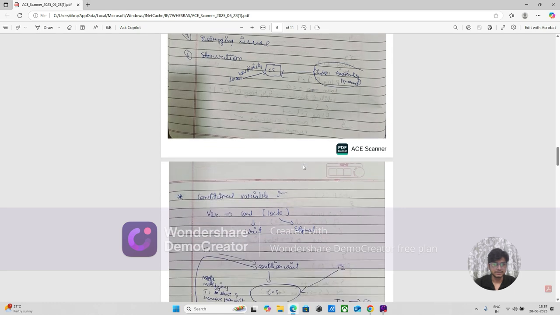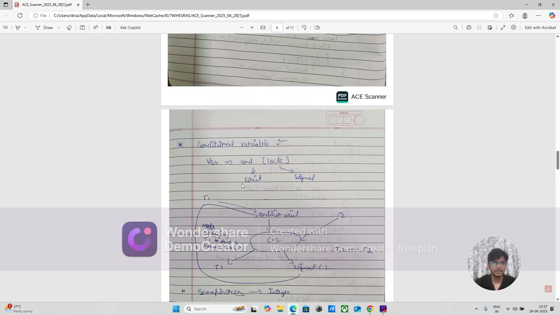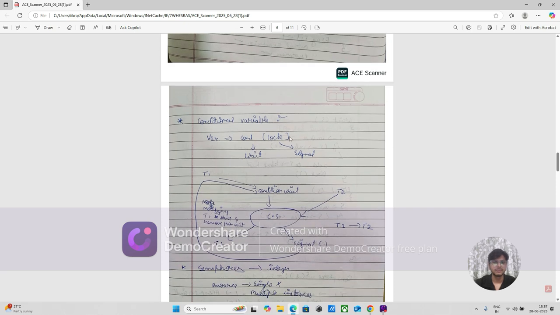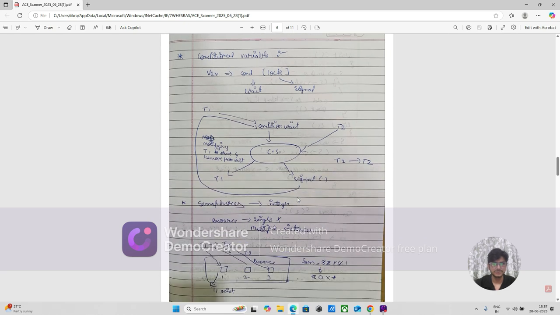And so for this the condition variable comes into the picture. It works with wait and signal, like the lock gives the signal. If you see, thread 1 has come to this critical section, but T1 is doing some work. So what will happen when T2 has entered?